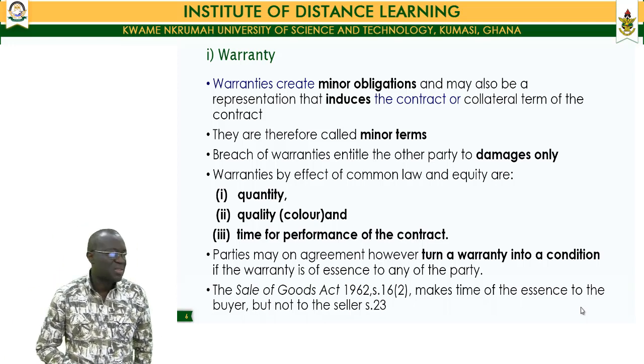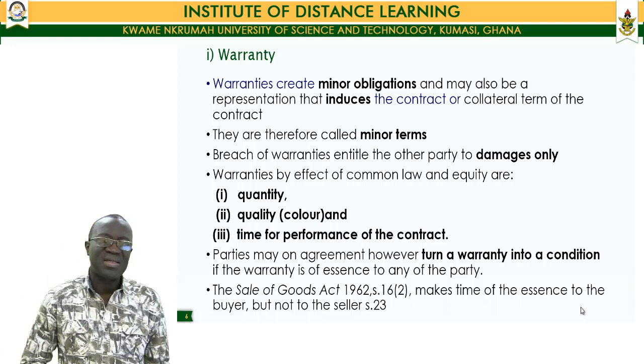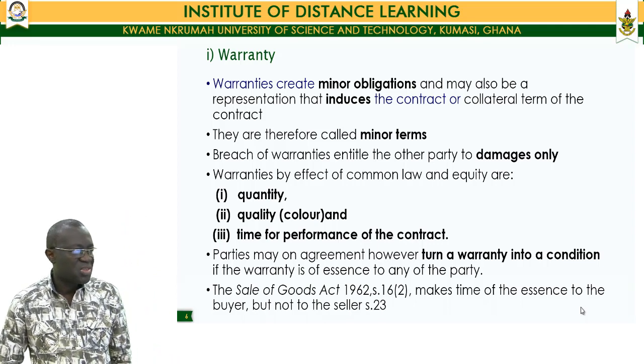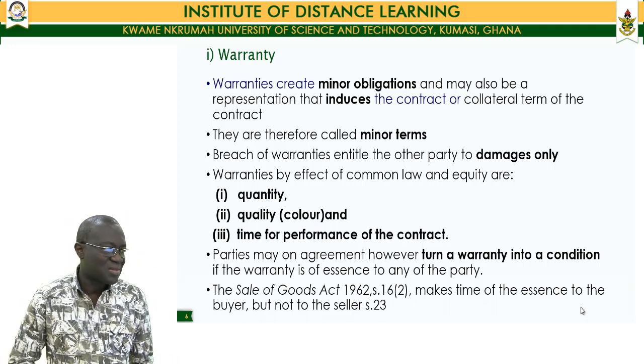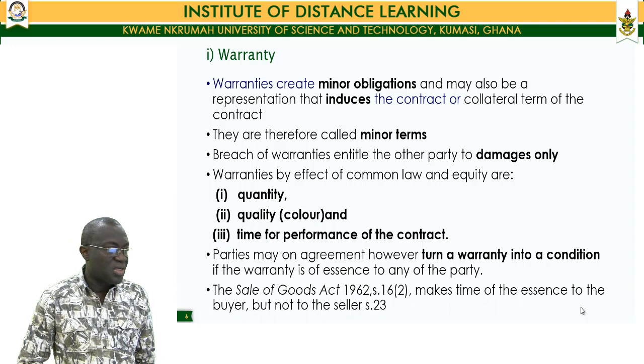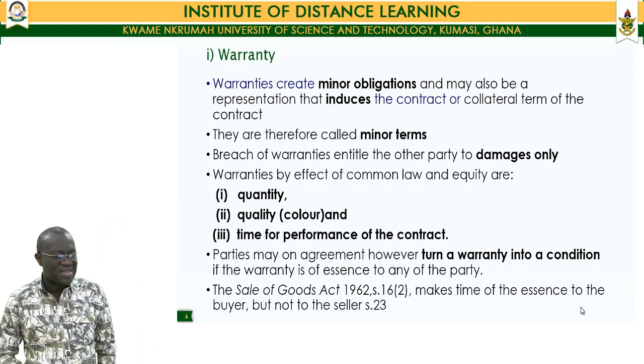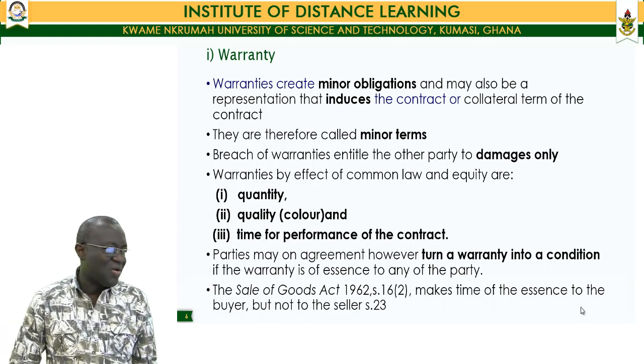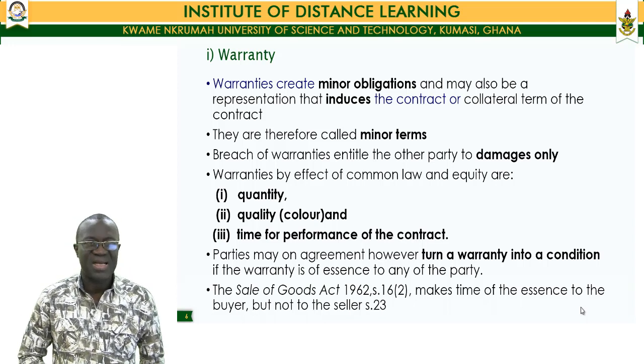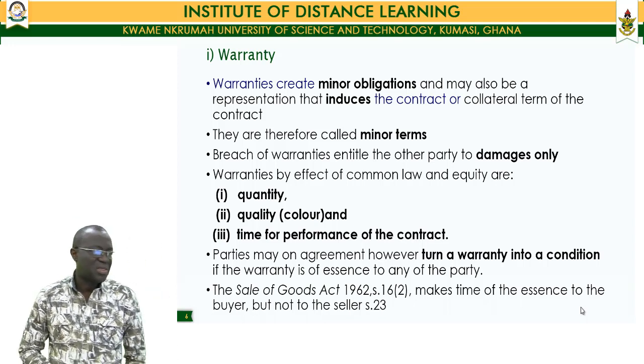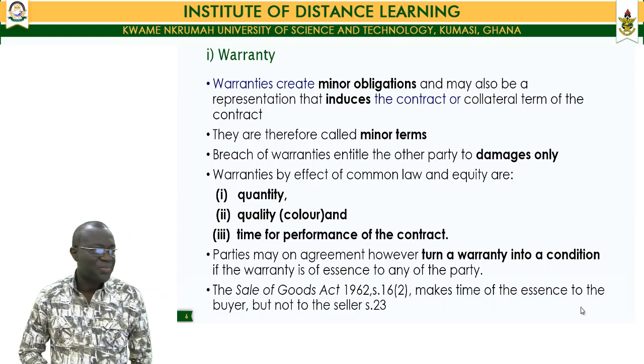So when you look at the Sale of Goods Act 1962, section 16, subsection 2, it makes time of the essence to the buyer and not necessarily to the seller. If you see also section 23.